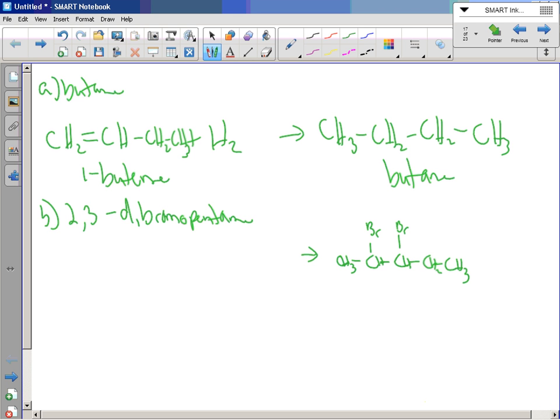What did I have to add to this one in order to result in that product? Yeah, Br2. In this case, the location of the double bond, I think it has to be in one spot, right? It can only be in this area in order for that to be broken. So this one's not too bad either. We have a double bond in the second position.